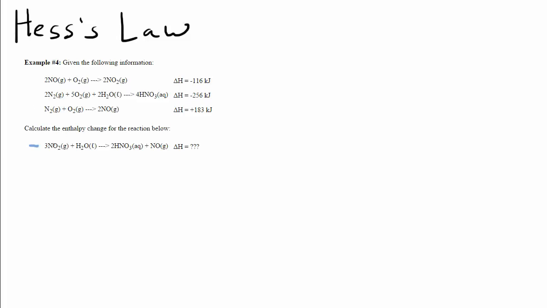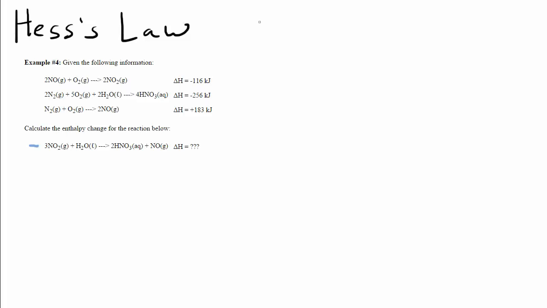Let's see. So NO2, I'm looking for NO2. Okay, NO2 right here, and it's 2 NO2 here, and it's 3 NO2 here. So this is where it gets a little bit more complicated. Not only do I have to flip it, but I have to get 3 moles of NO2. So I'm going to divide everything by 2 in that equation, and then multiply it all by 3.